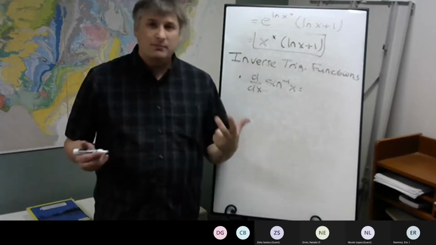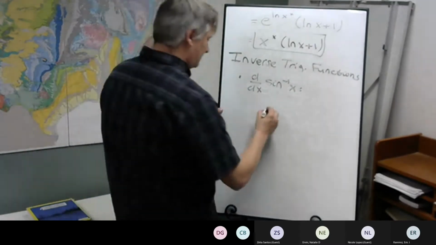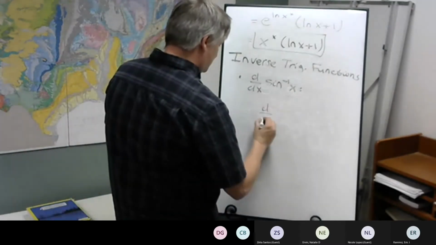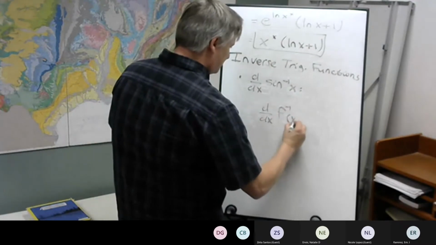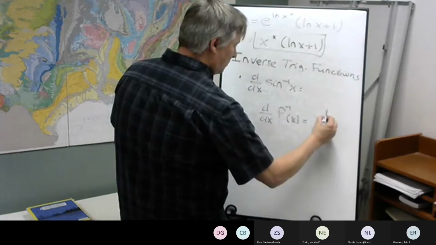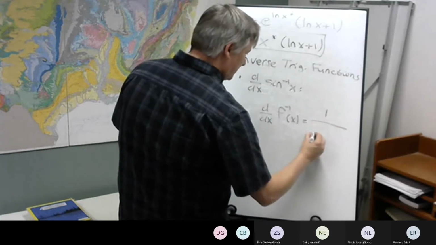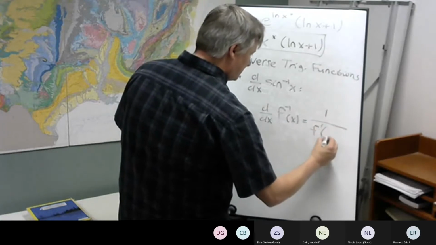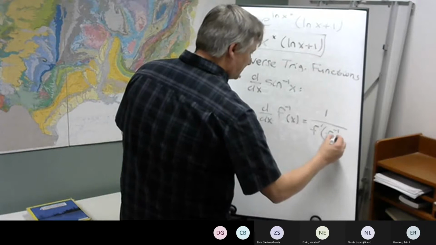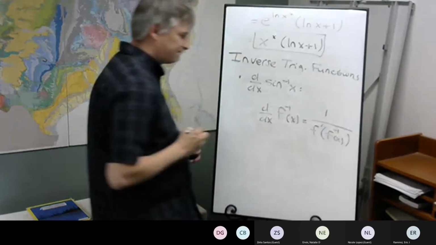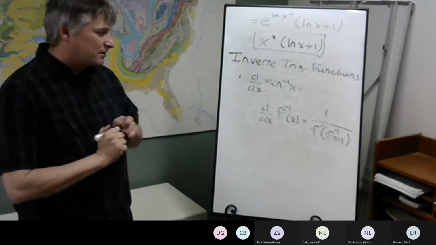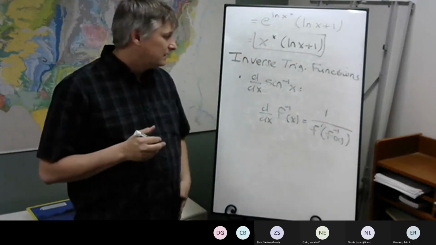We have the derivative of an inverse. So d/dx of f inverse is 1 over f prime of f inverse. So we're going to use this formula.